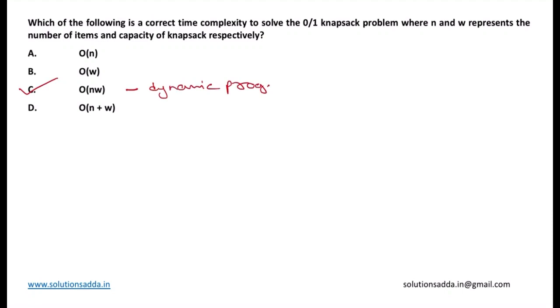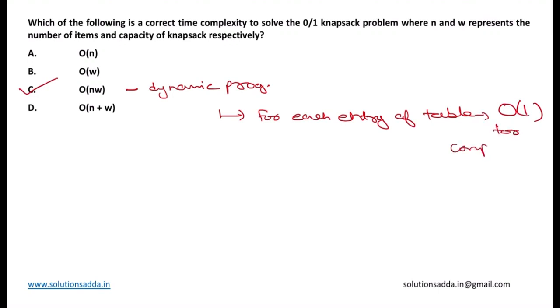So suppose in dynamic programming for each entry of the table, it will take order of 1 time for its computation. Order of 1 time for computation of each entry of the table.